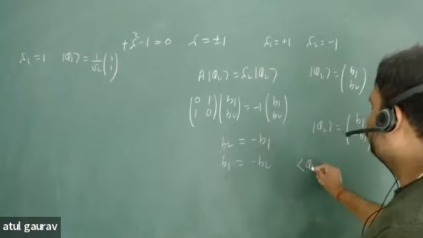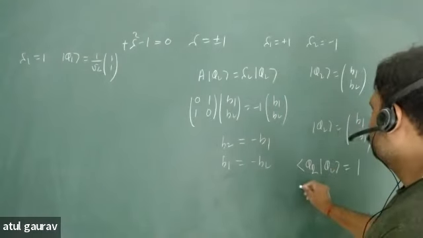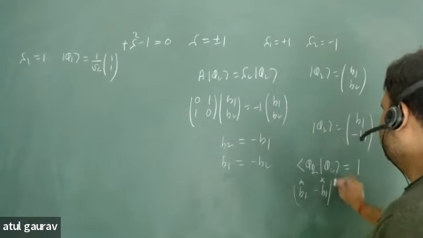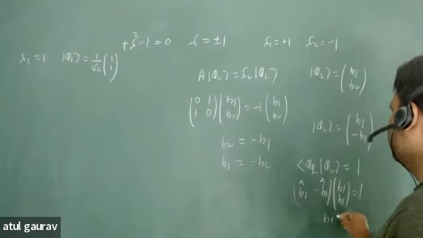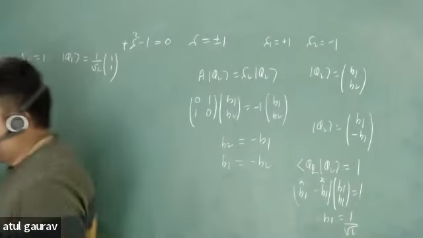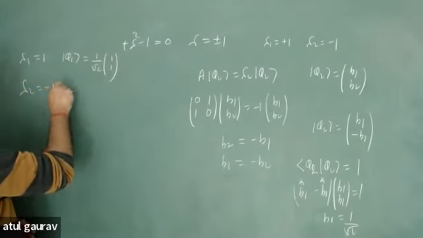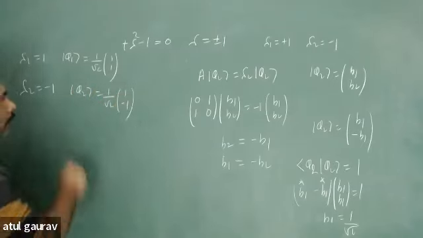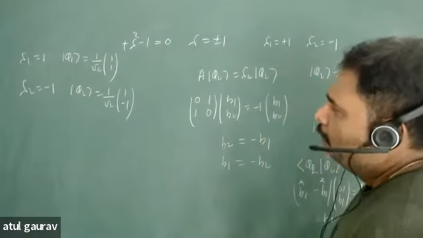When we normalize it, that is, phi 2 is equal to 1. So you have B1 star minus B1 star, and B1 is equal to again 1 by root 2. Now you can check: lambda 2 is equal to -1, phi 2 is equal to 1 by root 2 times (1, minus 1).